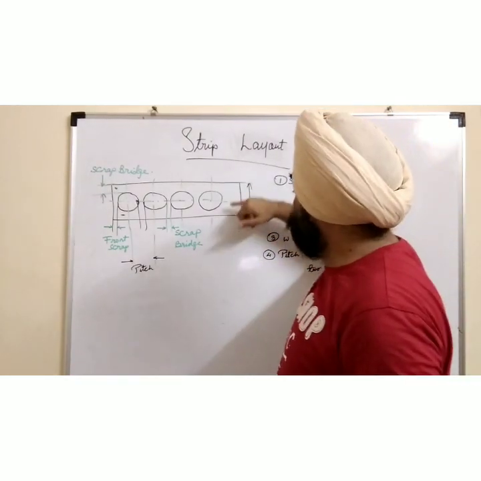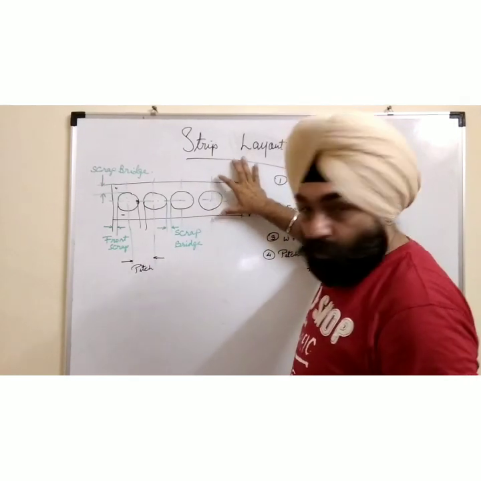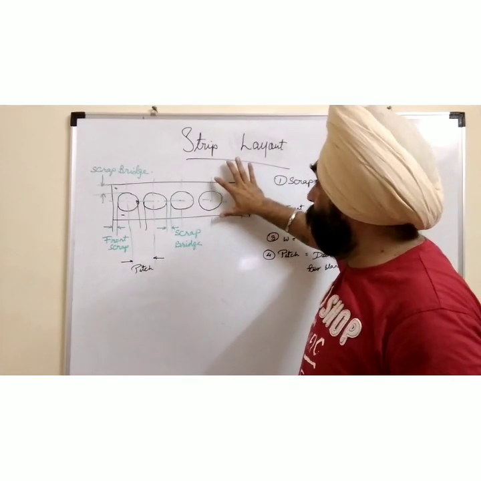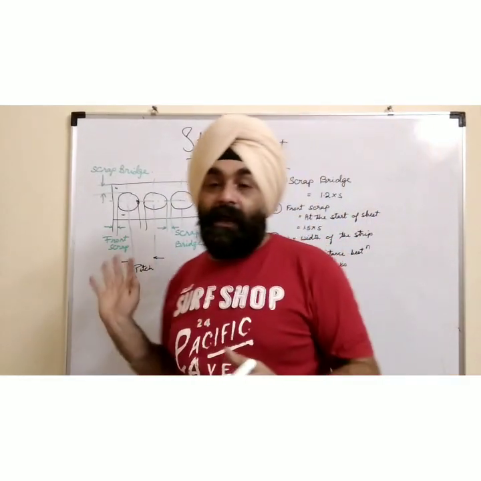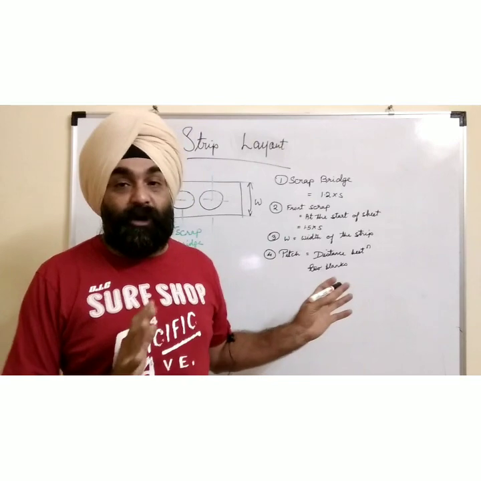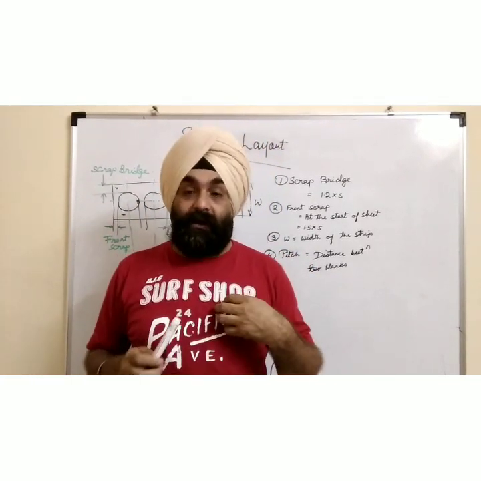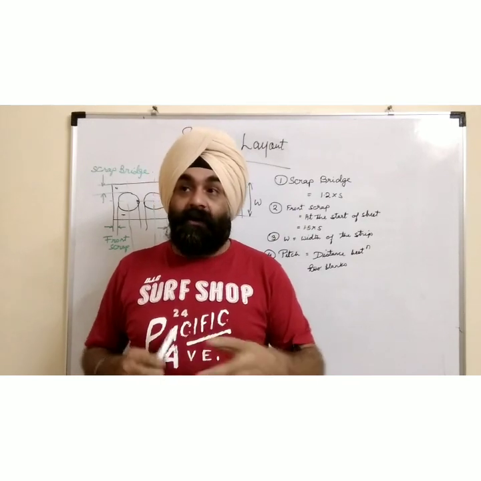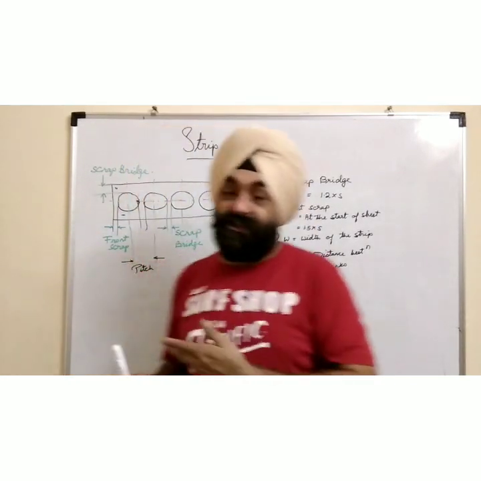So the width of the strip is blank size plus 2 times the scrap bridge. Now with the help of these three formulas, we will be able to tell the customer what the tool will require, for example, 39.5 width of sheet.